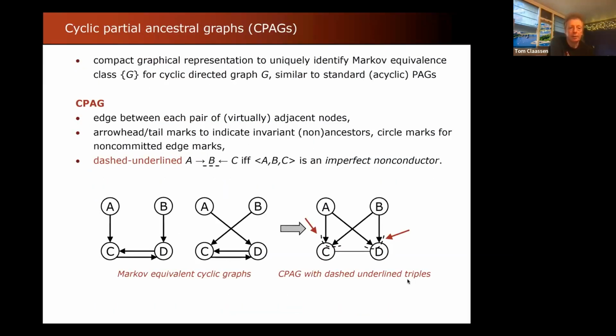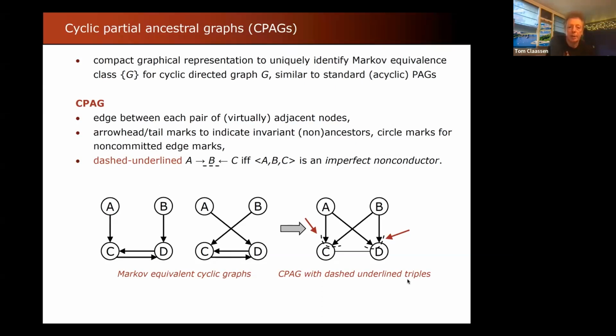Now to represent these equivalence classes, to understand when things are equivalent, Thomas introduced a very nice compact graphical representation that uniquely identifies the Markov equivalence class. It's a graphical representation where each edge between nodes corresponds to either an edge or a virtual edge in the original graph. There are arrowhead and tail marks to indicate invariant ancestorship or non-ancestorship.